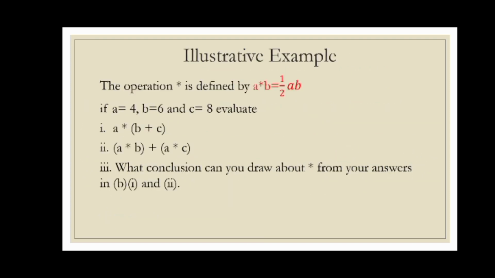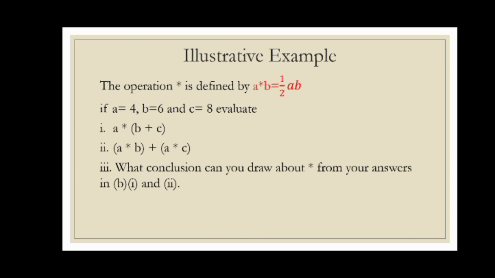Let's look at this example. Okay, so the operation star is defined by A star B equal to half AB. Okay, A star B is equal to half AB, right?